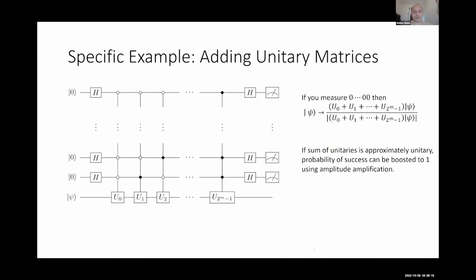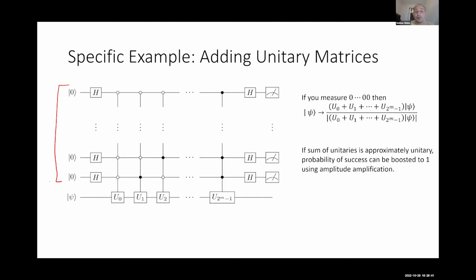In general, if we wanted to take a look at uniformly adding together 2 to the m matrices, a simple circuit that would construct the block encoding for a uniform superposition or uniform mixture of all of these would be this up here. And you'll notice that it all has this exact same structure.